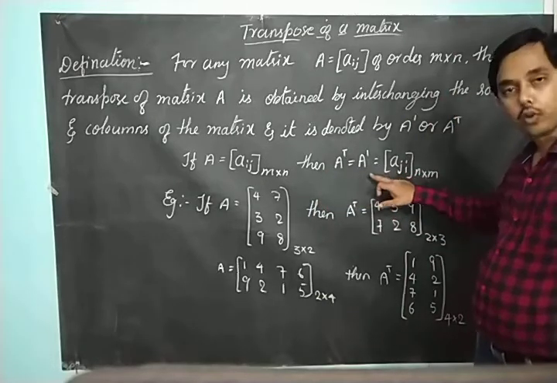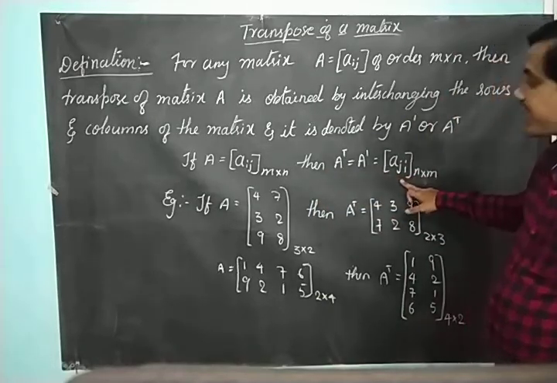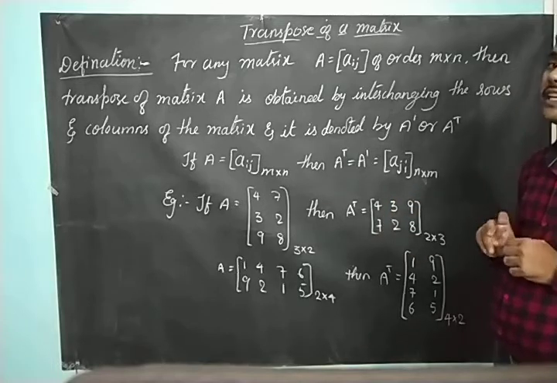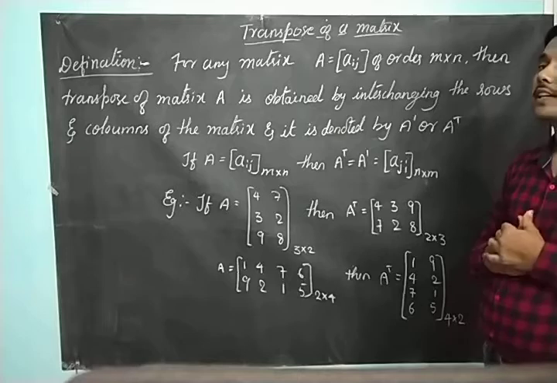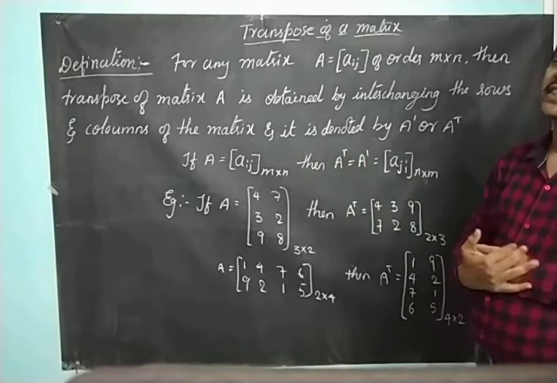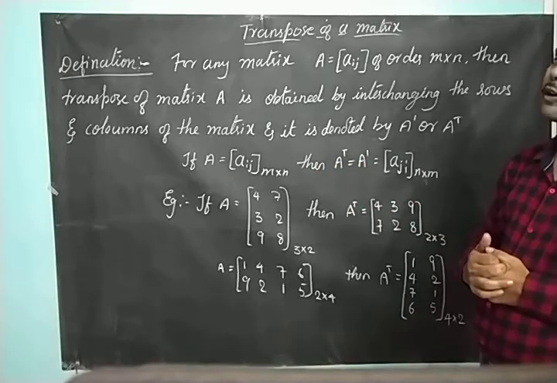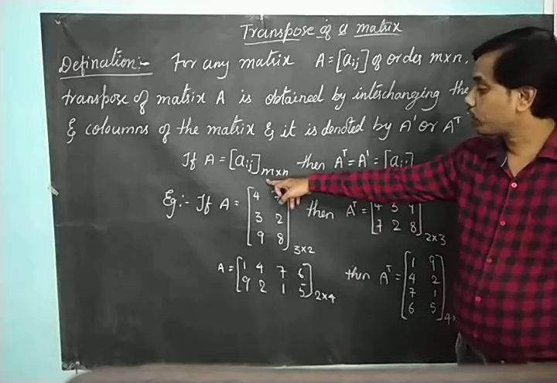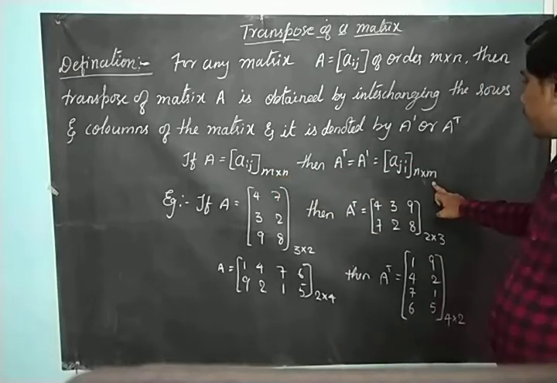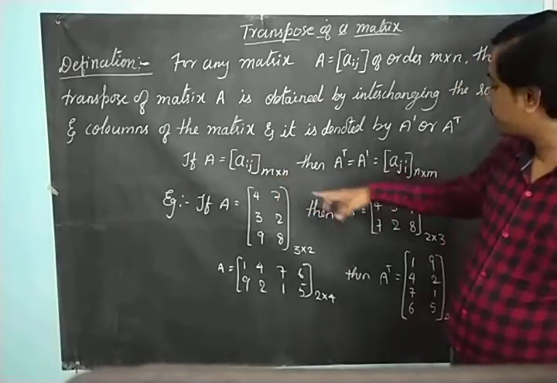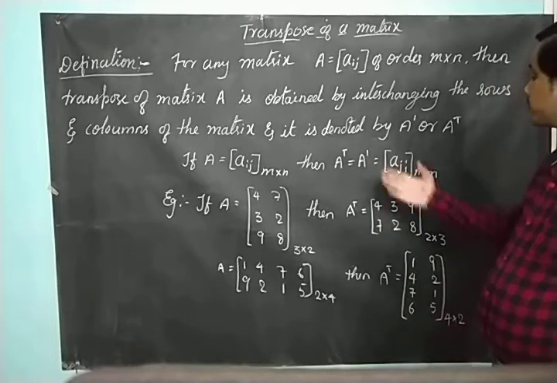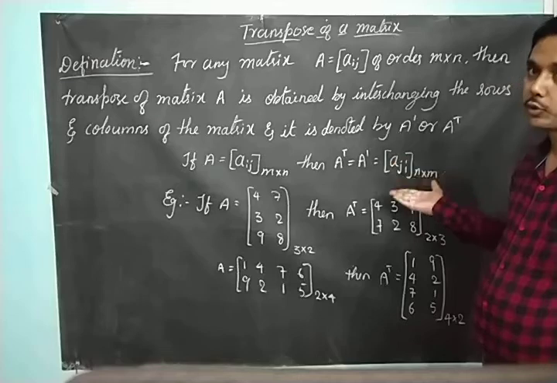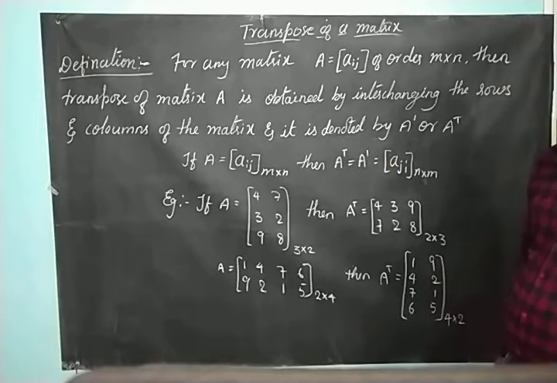A transpose or A dash will be equal to Aji. We interchange rows and columns. Initially the order is m cross n, now it becomes n cross m, because whatever was a row here has become a column, and whatever was a column has become a row. So the order of the transpose of A will be n cross m.